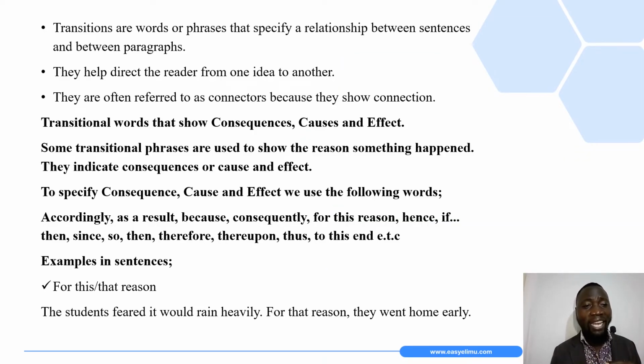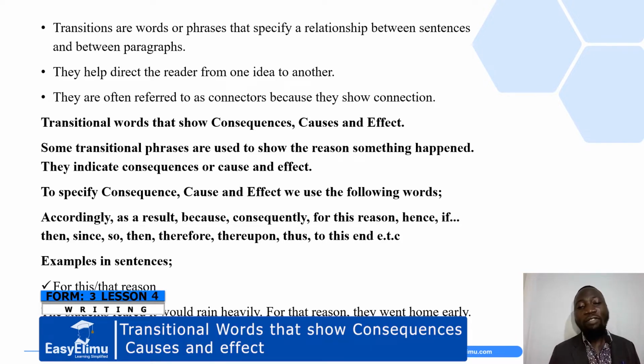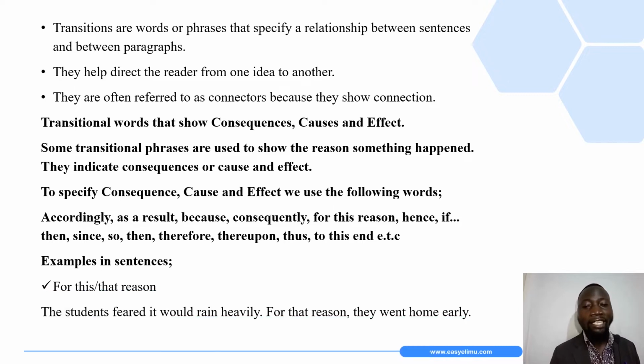Just as a reminder, dear students, remember that transitions are words or phrases that specify a relationship between sentences and between paragraphs. They help direct the reader from one idea to another. Transitions are often referred to as connectors because they show connection in sentences.